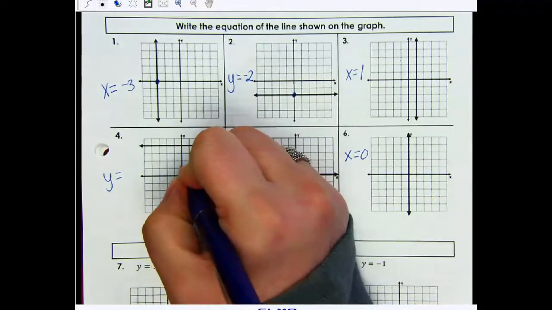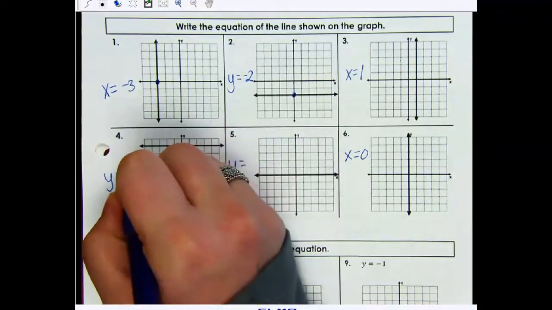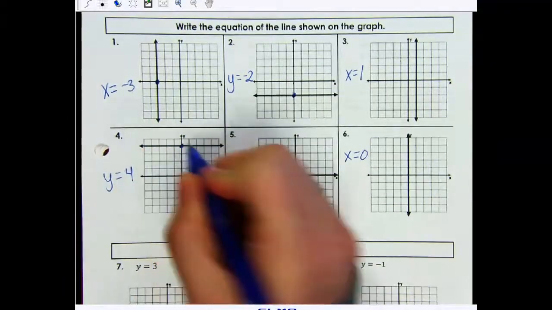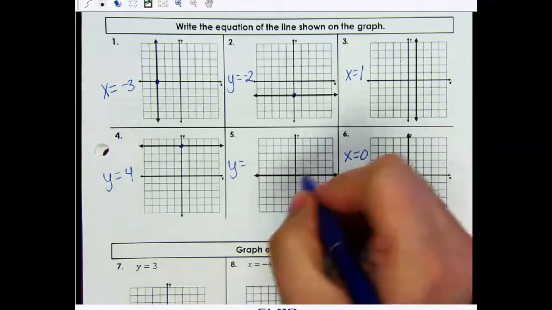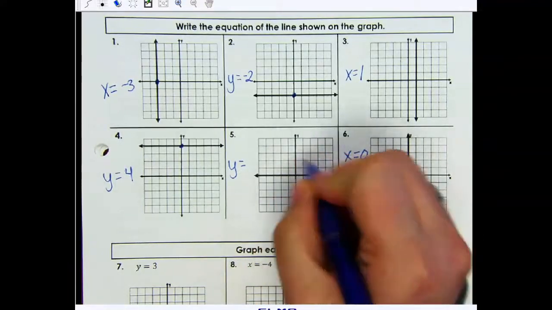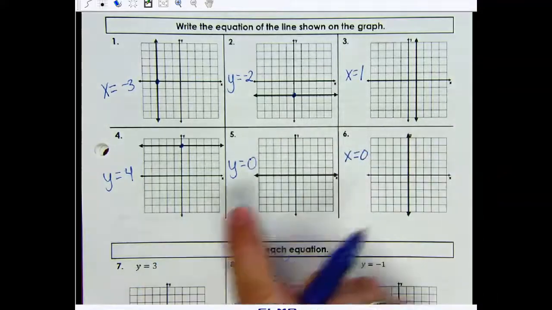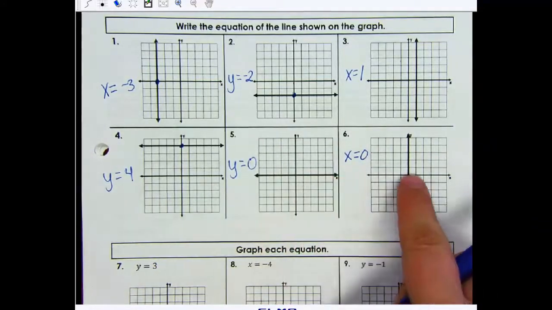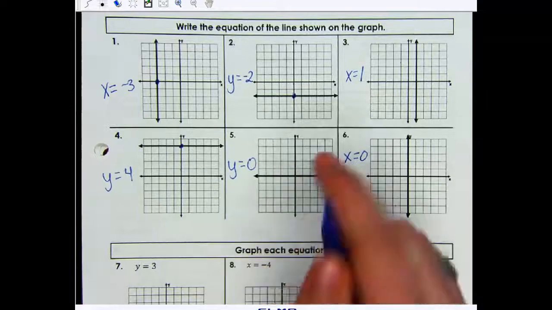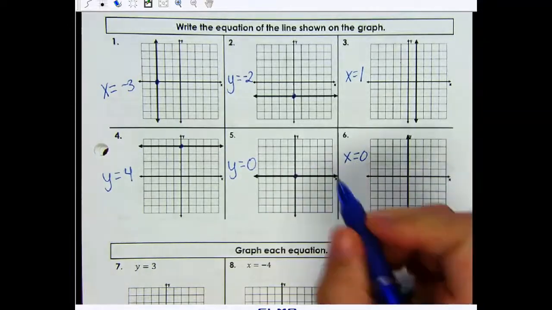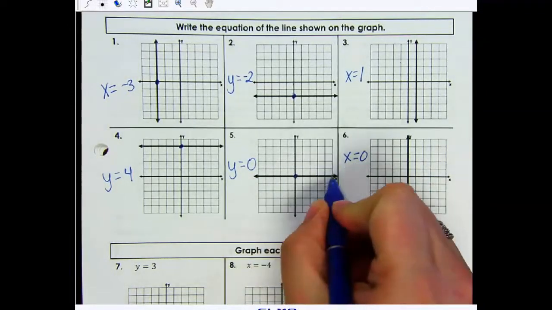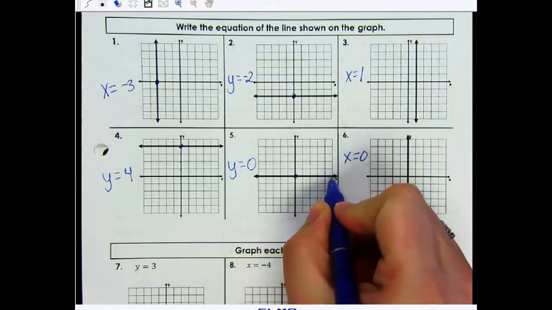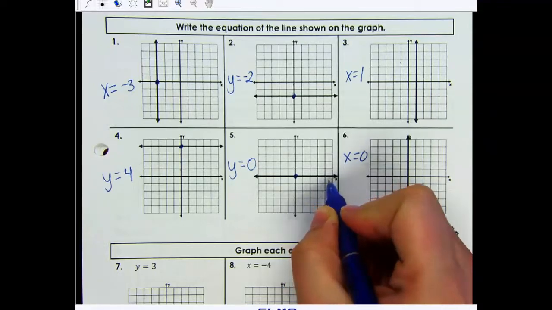This one's going to be y equals 4 because it crosses up here at 4. And then this one is going to be y equals 0. Just like how this one crossed at the origin, this one crosses at the origin too. This is the x-axis, but the x-axis is a horizontal line, so its equation is y equals 0.